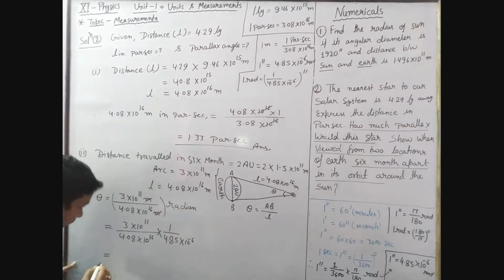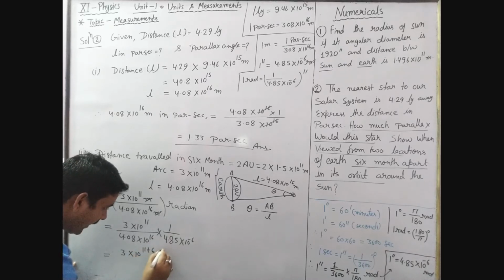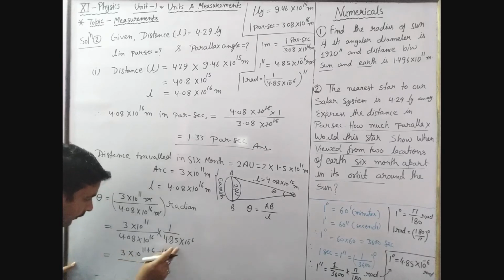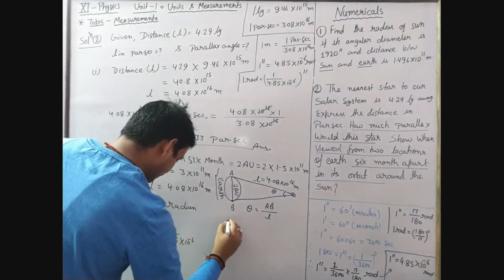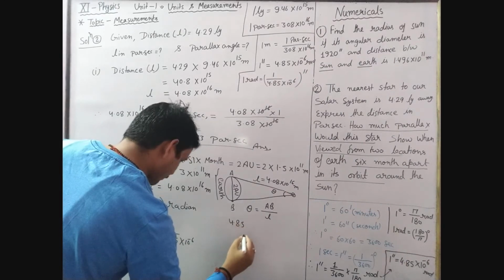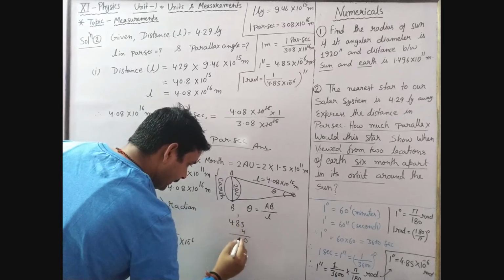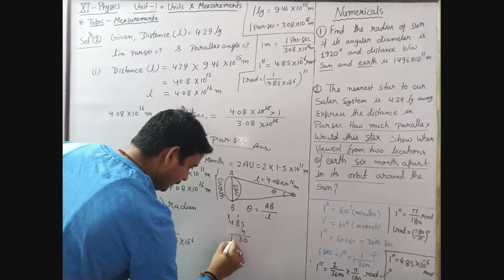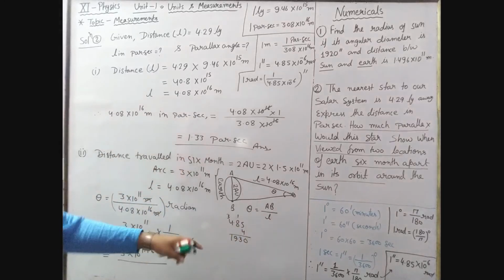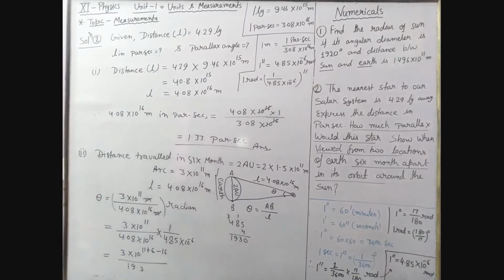When you solve this, you will get 3 into 10 to the power 11 plus 6 minus 16 upon 4 into 4.85, which is approximately 19.3.